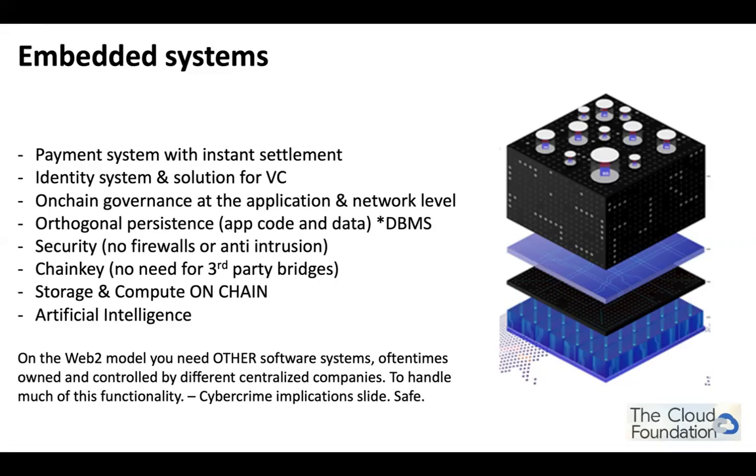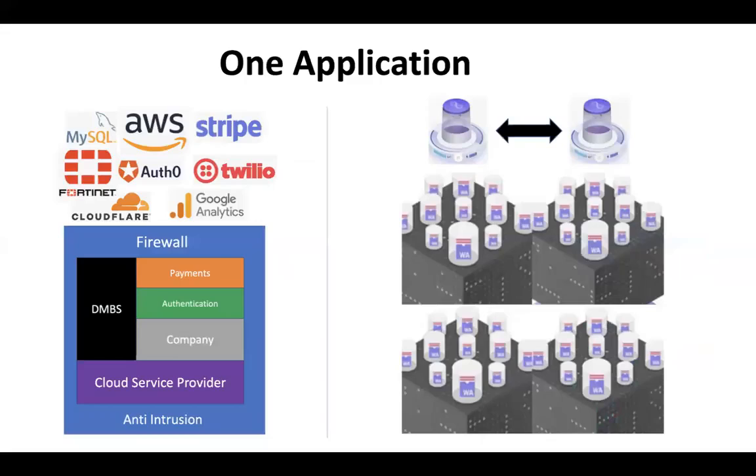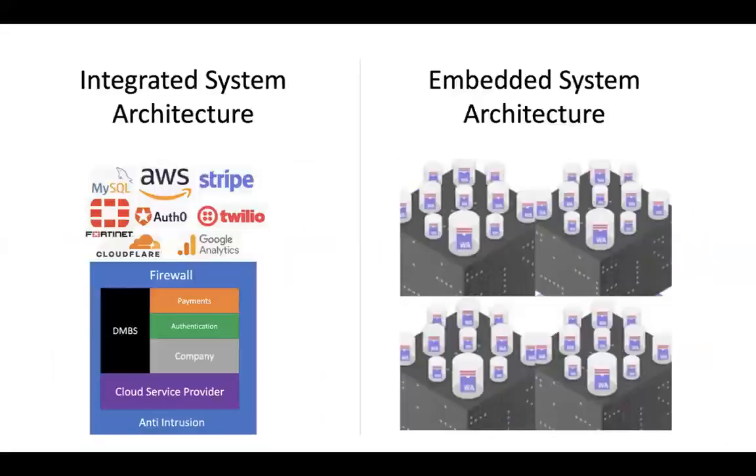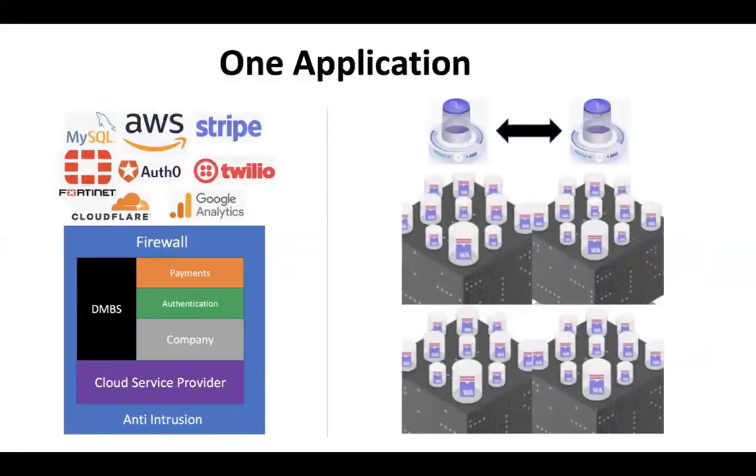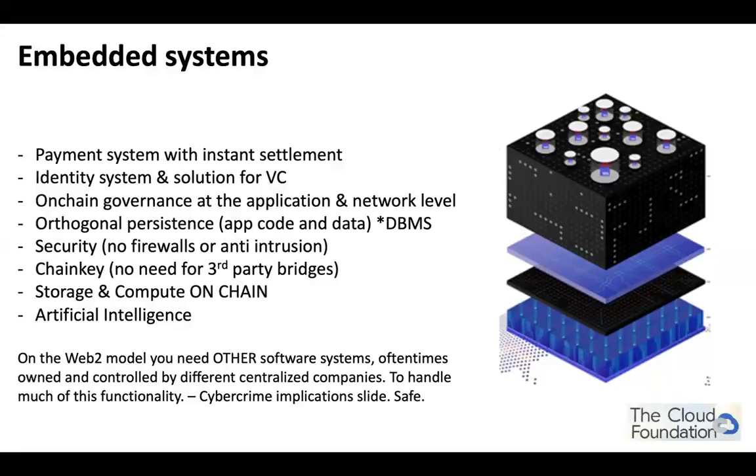Also, storage and computation, all of that is happening on chain, so you don't need these other cloud providers like Big Tech Cloud or other third-party cloud providers. And artificial intelligence, AI models running on chain that the users own. On the Web2 model, you need other software systems, oftentimes owned and controlled by other centralized companies, to offer this amount of functionality.